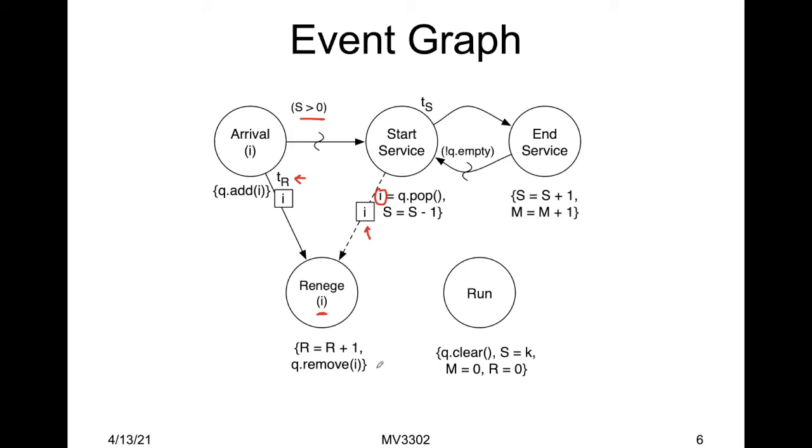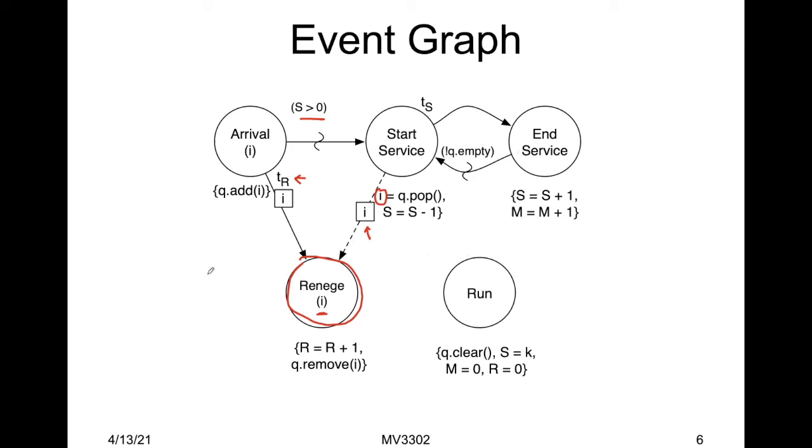That is, not remove it from the queue, remove this renege event from it. Okay, and then everything else is kind of the same. I schedule end service, and if the queue is not empty, then I schedule a start service again.